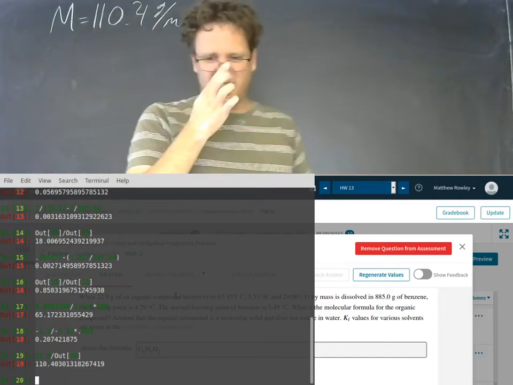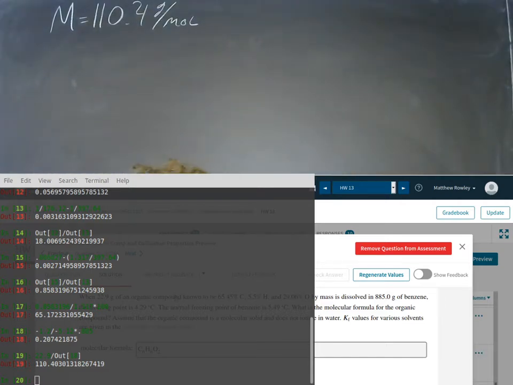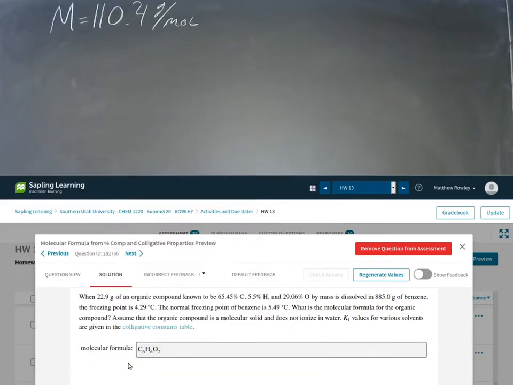All right. Well, that's nice. How can we proceed from here? Well, we're given a percent composition, and even though we have a 22.9 gram sample, we're going to ignore that. We're actually done with that information. All we need to do is take these percents now and convert them into an empirical formula.